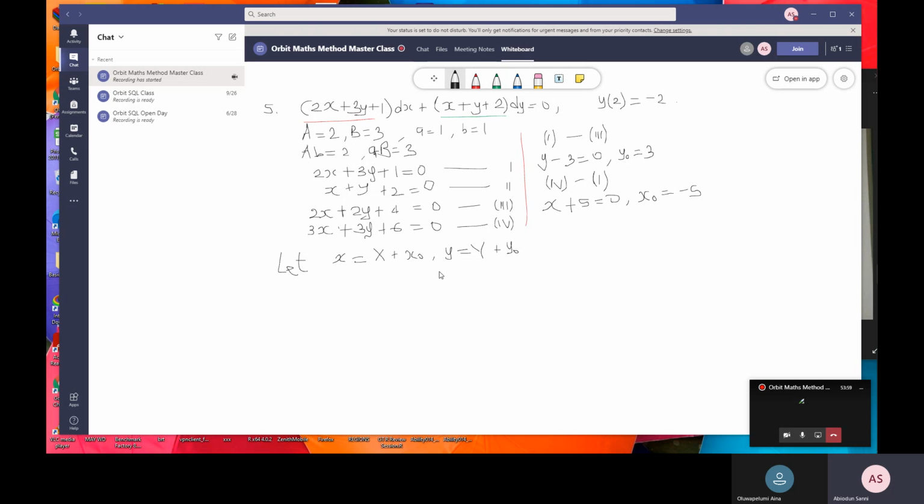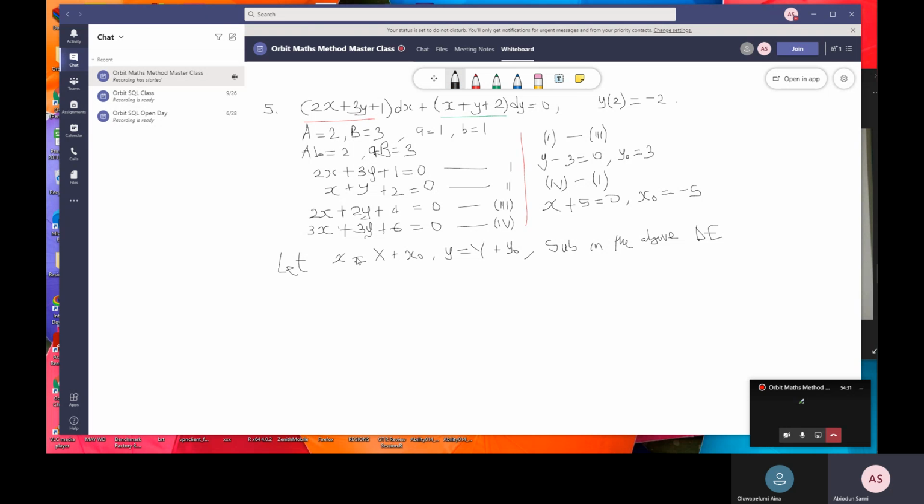So substituting in the above differential equation, I will have 2 into bracket capital X plus, I don't want to waste time.